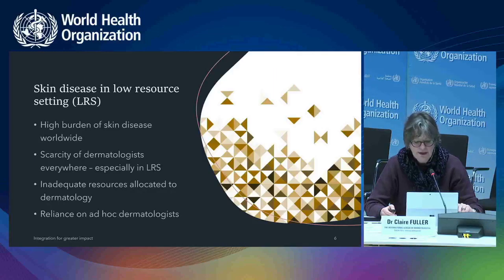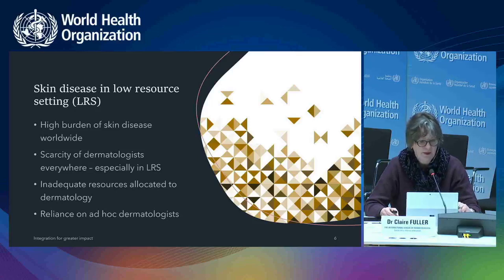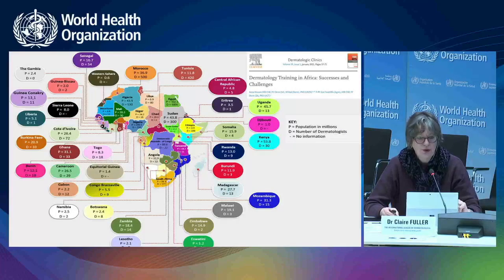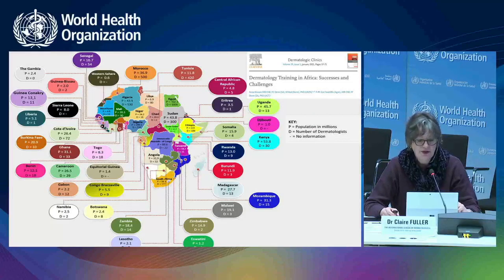And we've heard how there is a high burden of skin disease worldwide and a scarcity of dermatologists everywhere, especially in low-resource settings. Nowhere more acutely, and where we have data from, than sub-Saharan Africa, with several countries having no dermatological specialists and others having maybe just 1 per million for the population.